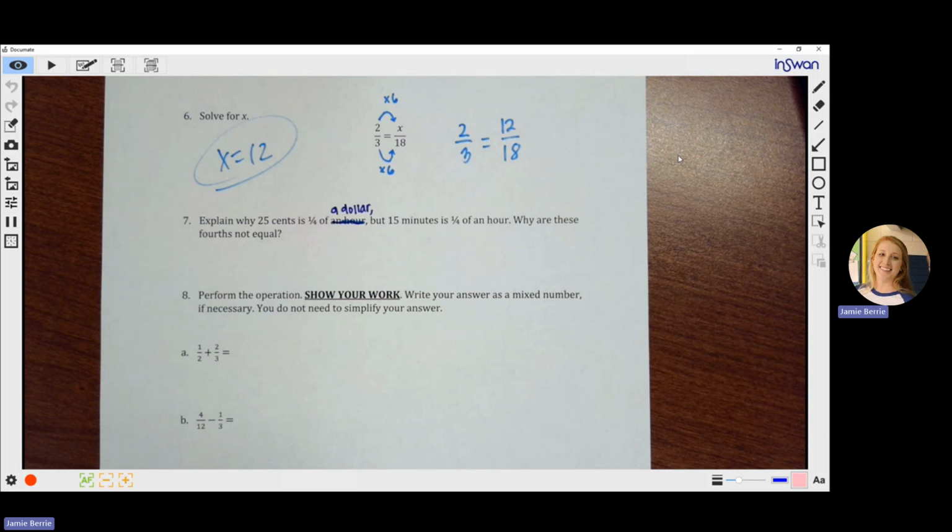All right, so I'm going to let you think about this one for a minute. Think about, why is 25 cents 1/4 of $1, but 15 minutes is 1/4 of an hour? This question is asking, why is 25 minutes not 1/4 of an hour? Or why is 15 cents not 1/4 of $1?